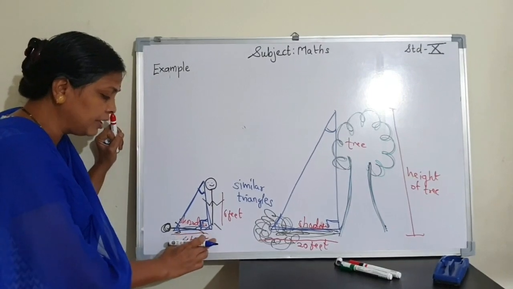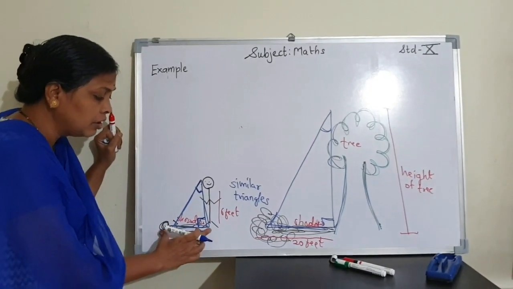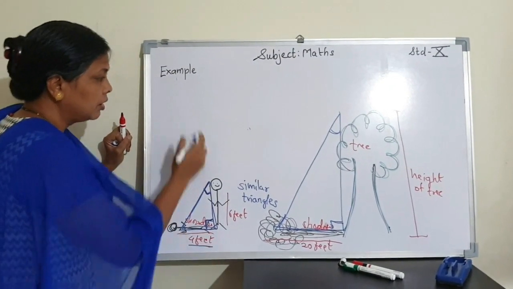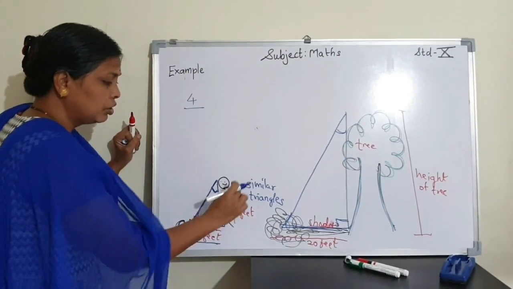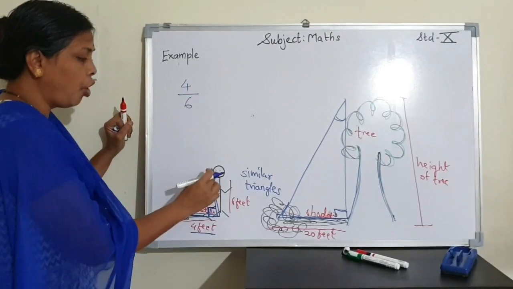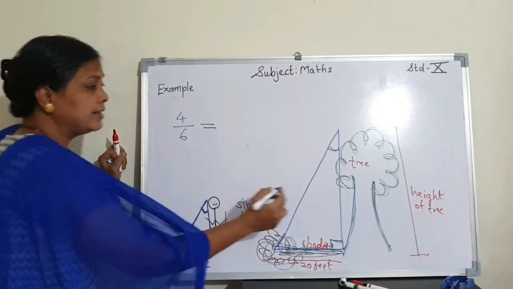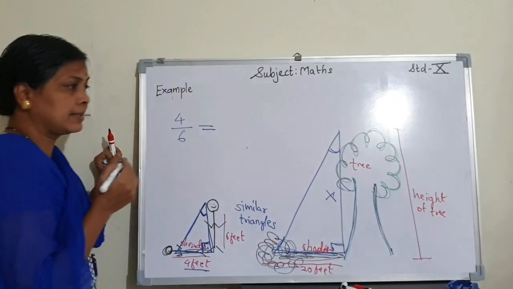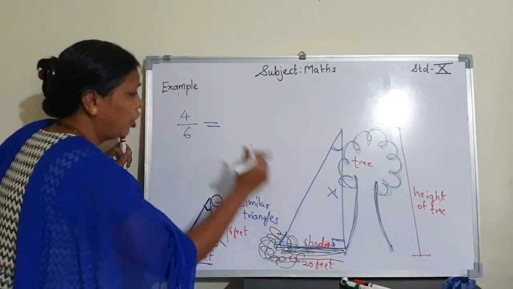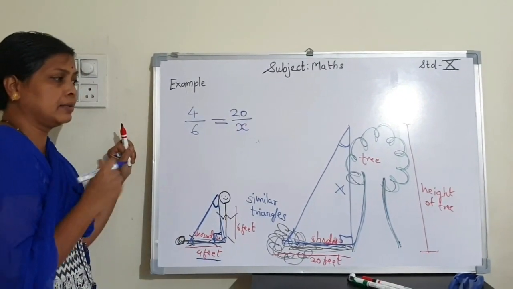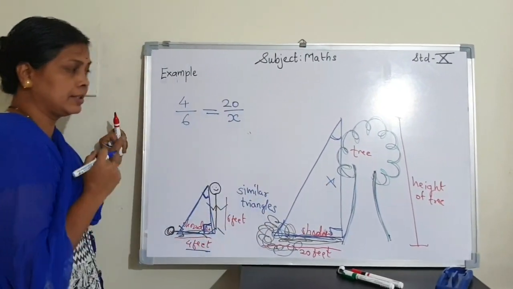We relate these values in the ratio that horizontal distance is to vertical distance of a man is equal to, let this be x, horizontal distance upon x, that is the vertical distance.